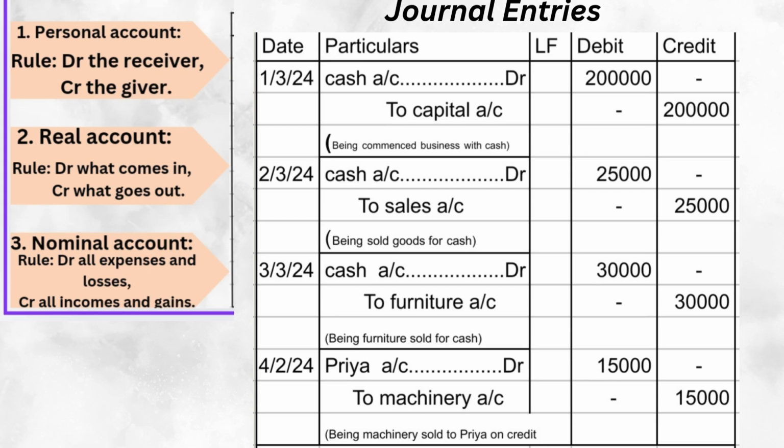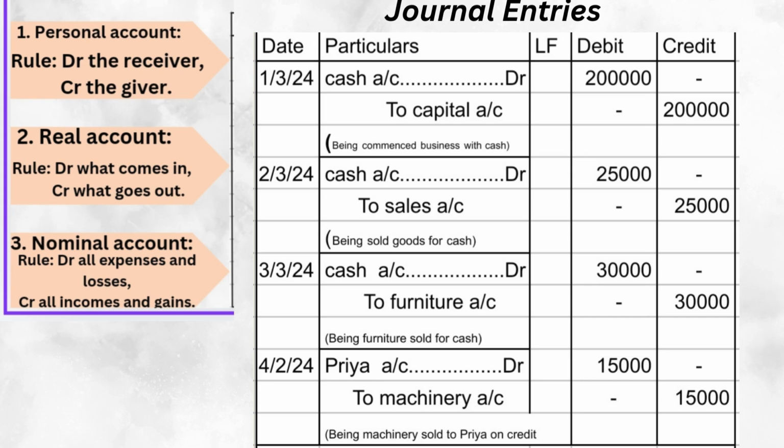So how to write the journal entry? When Arjun is depositing money into the business, what is coming inside? Cash. Cash is related to a real account. Real account rule, debit what comes in. That's why we are debiting cash. Then credit to capital account. Why are we writing to capital account? Because credit the giver. The owner is giving, and the owner is represented in a personal account.